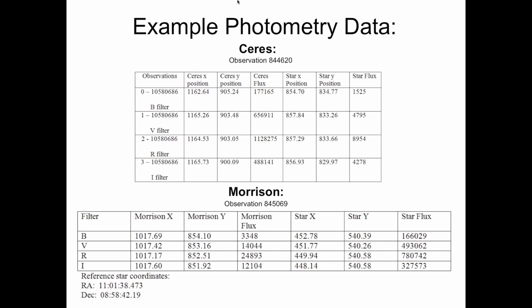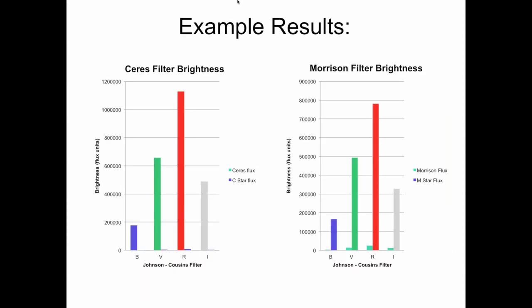The first table is from Ceres, and we found that by far it was brightest with the R filter, and we actually found that as well. That was the same case for Morrison as well. And if you go to the next slide, we have some great graphs to show that as well.